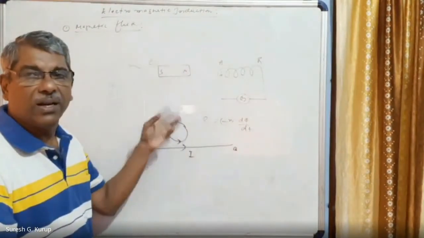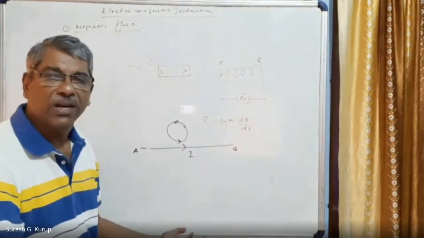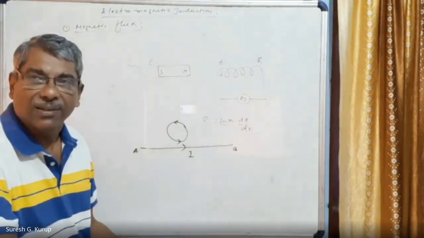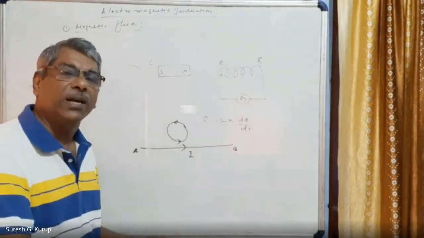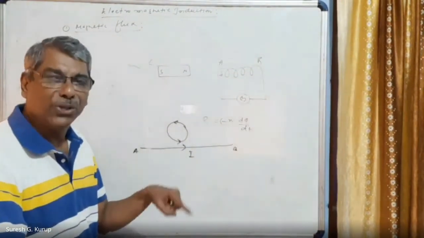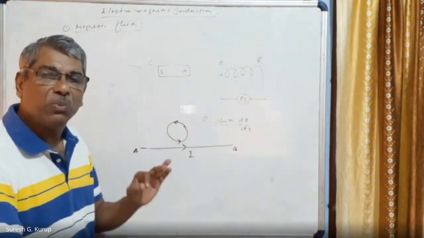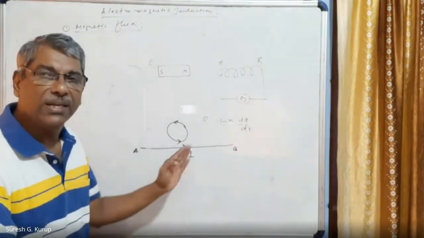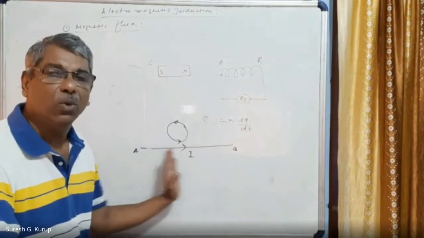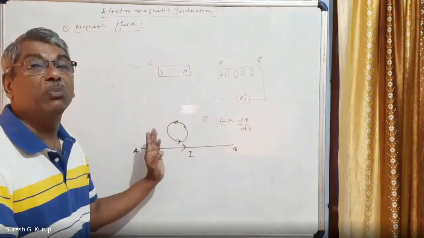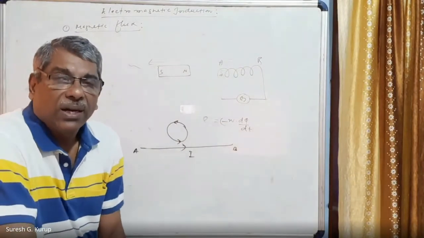So when current is decreasing, the decreasing current must be opposed by the induced current. Opposing the decreasing current means the induced current will support the decreasing current, because due to the decreasing current only, the EMF and a current are induced in the coil. The current induced must oppose the decreasing current in the wire, which means the induced current must support it.